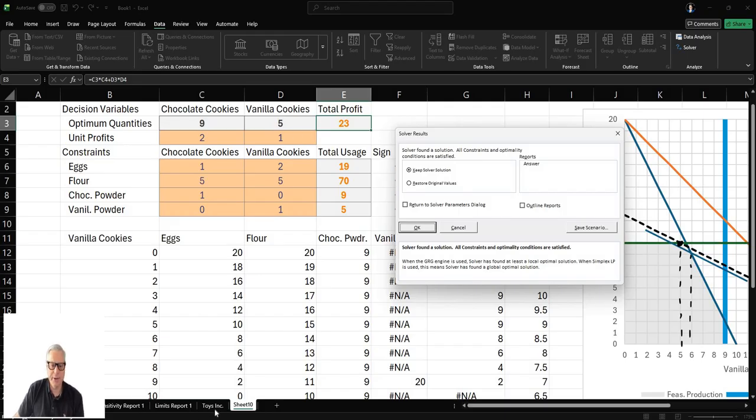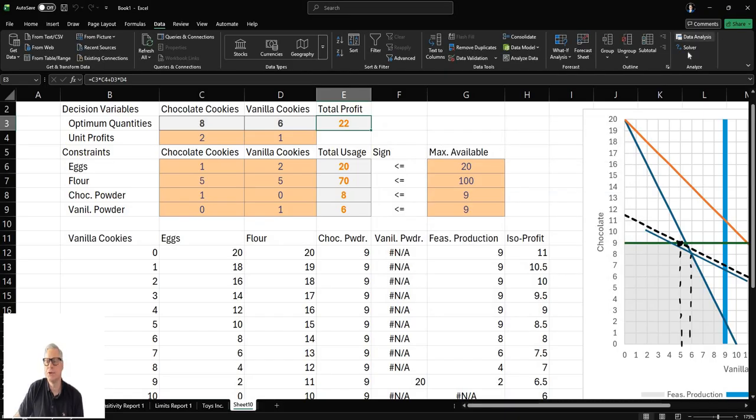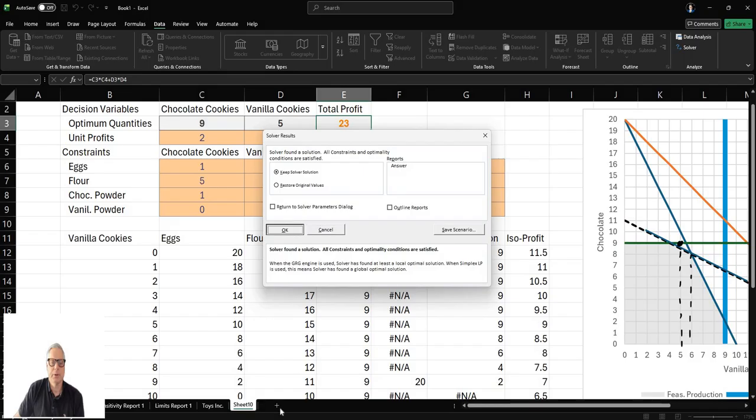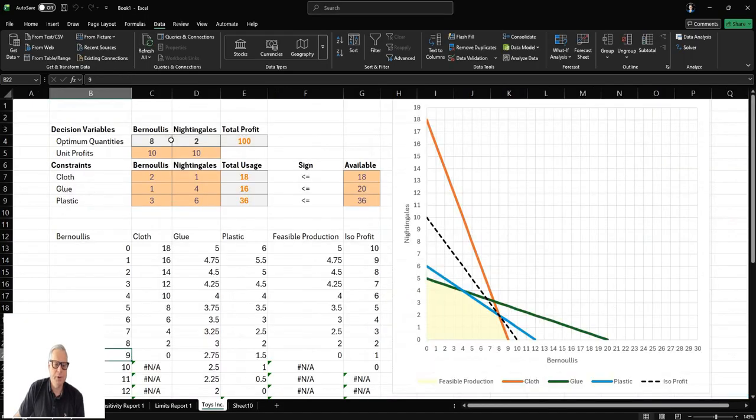In the earlier example with our toys, let's just run it again, solve, keep. In the previous example, we already had by default an integer solution that wasn't a problem.